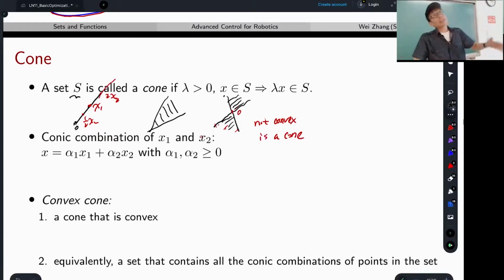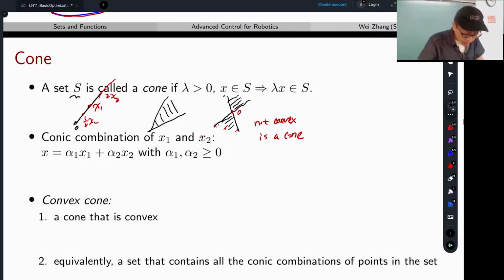Okay, we have a convex combination. We also have a conic combination. That's typically a basic building operation to build up a cone. For example, I have 2 points, x1 and x2.